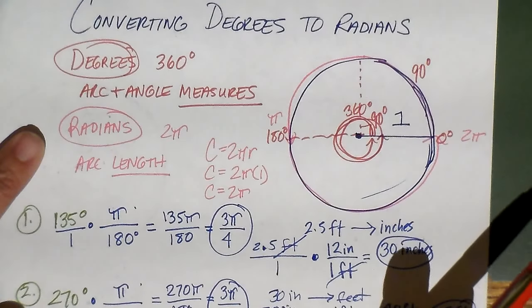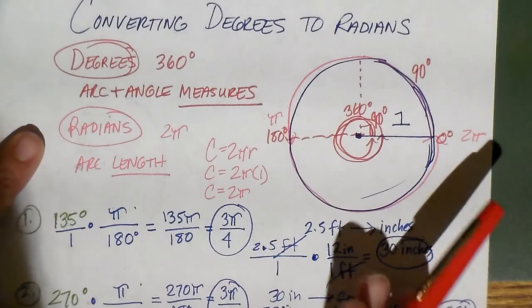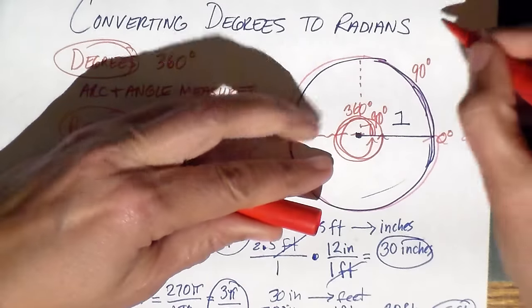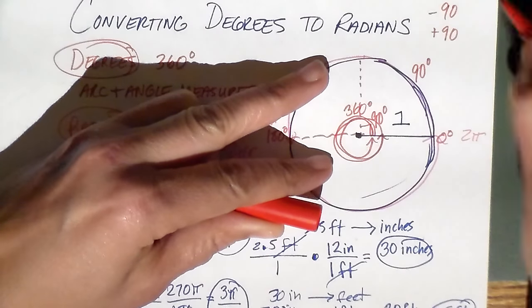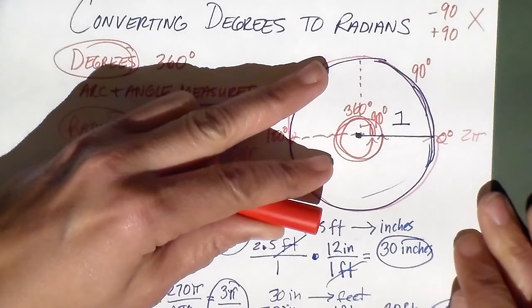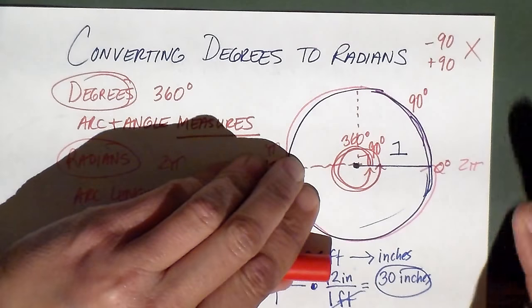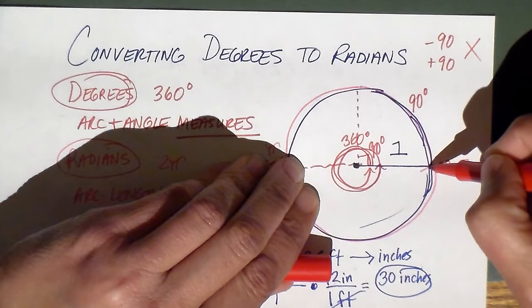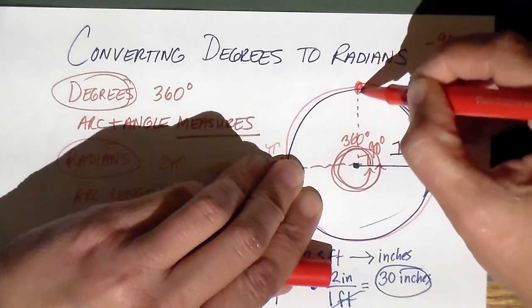Negative 540 is not the same as positive 540. Here's an example. Let's say I have negative 90 and I have positive 90. Those are not the same thing. Why are they not the same thing? Think about it this way. Positive 90 means starting at 0 and going up to 90, right?